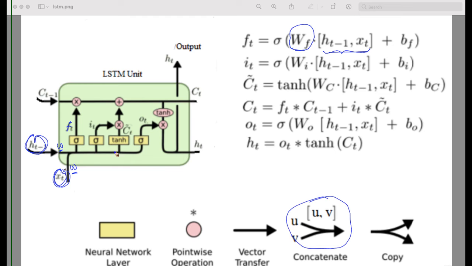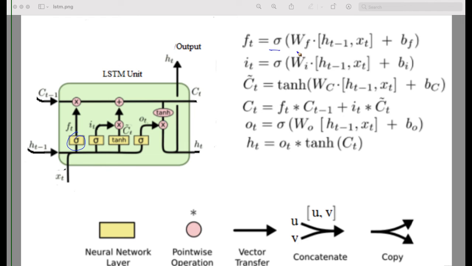On the dot product of WF and this input, we add a bias term, and on this we apply the sigmoid function.